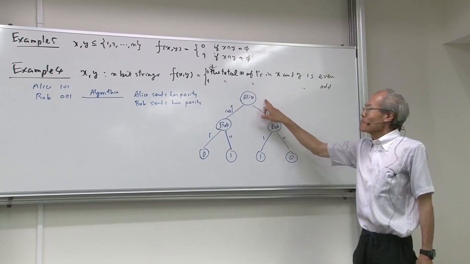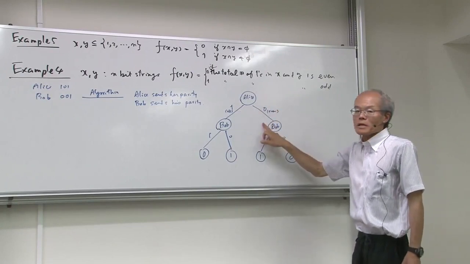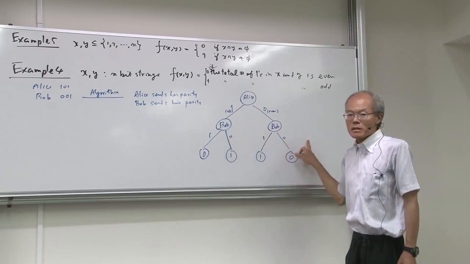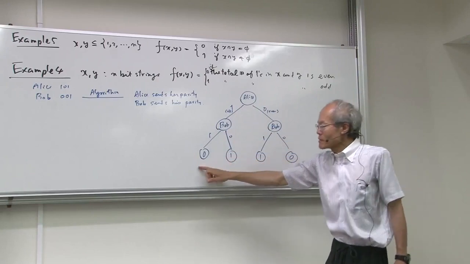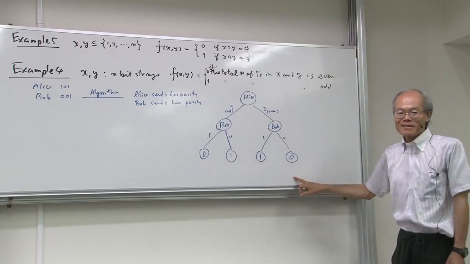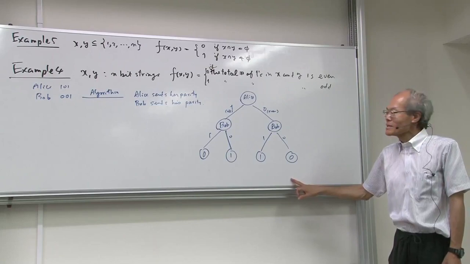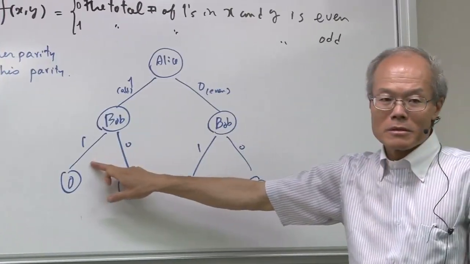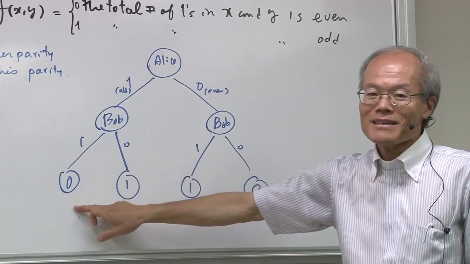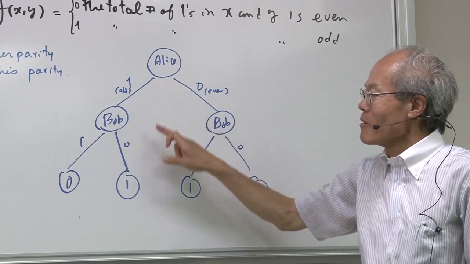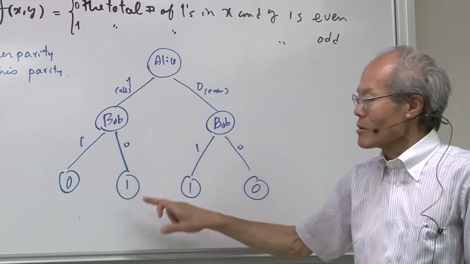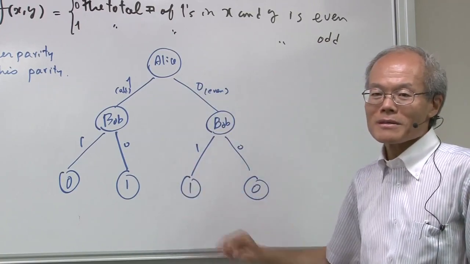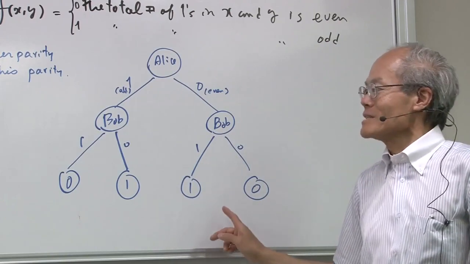Alice sends her parity 1 or 0 to Bob, and then Bob sends his parity 1 or 0 to Alice. Then looking at this tree, we have 4 different cases. Alice odd and Bob odd, in total it's even. Alice odd, Bob even, then odd. Alice even, Bob odd, is odd. So these are 4 different cases.